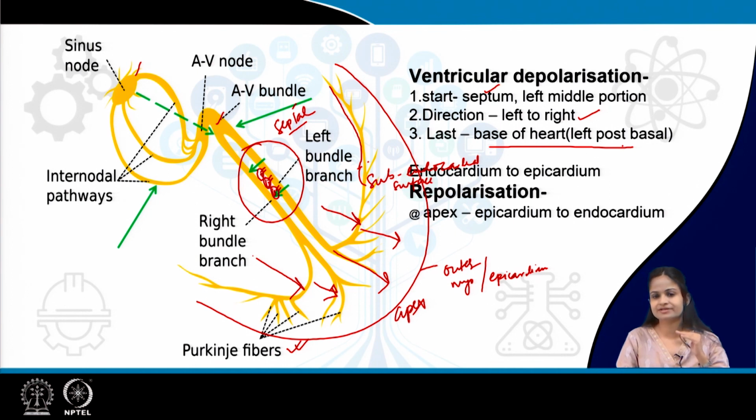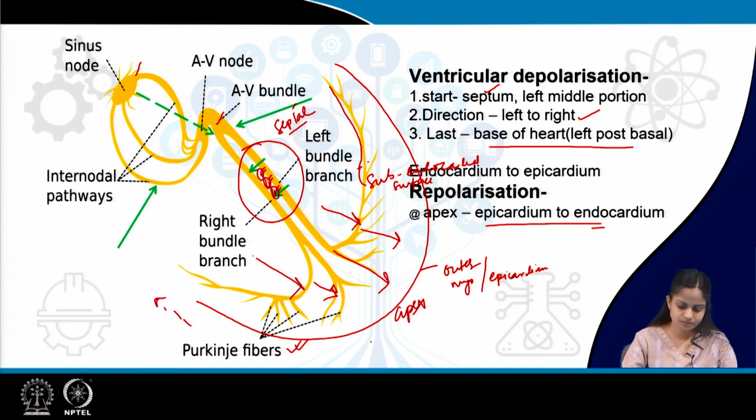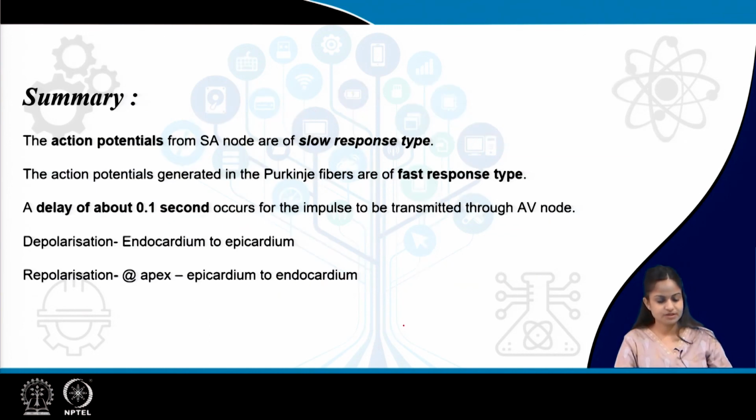So, the repolarization starts at the epicardial layer or the outer myocardium. So, the repolarization at the apex starts from the epicardium to the endocardium. This we have to remember.